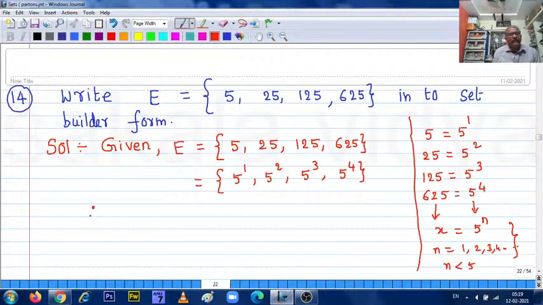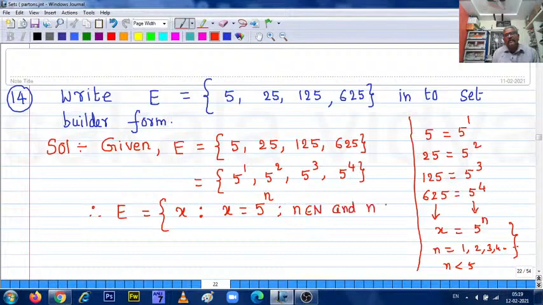So therefore set E equals to x such that the element x is equal to 5 to the power of n, where n is a natural number and the condition is n must be less than 5. So this is the set builder form. So you might be understanding all these questions.